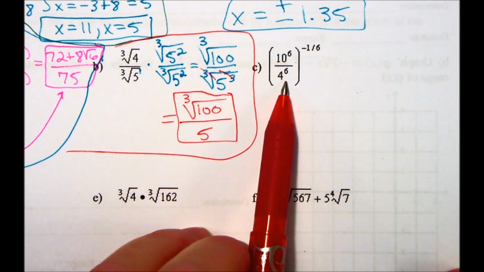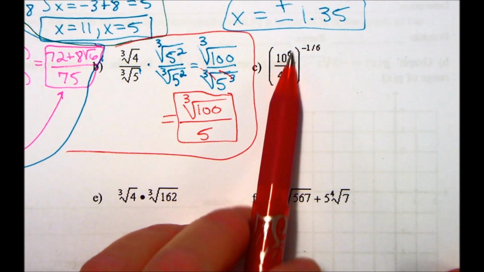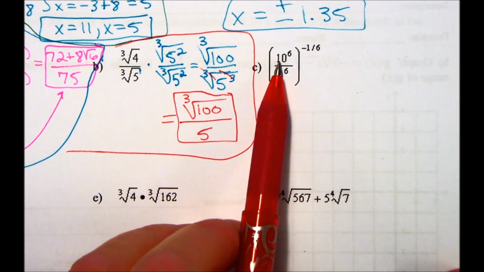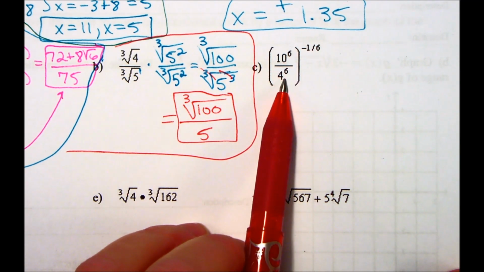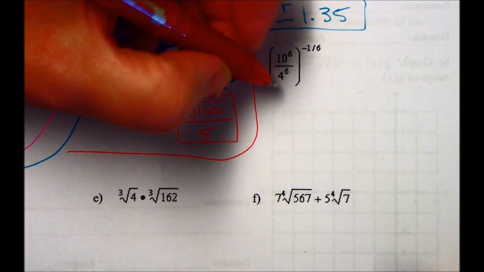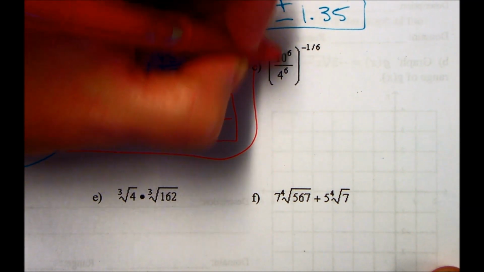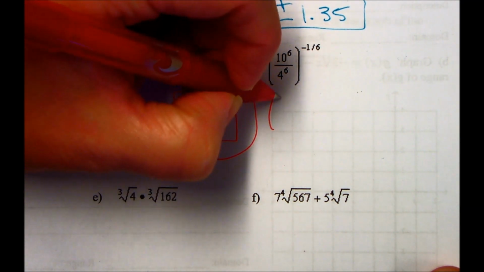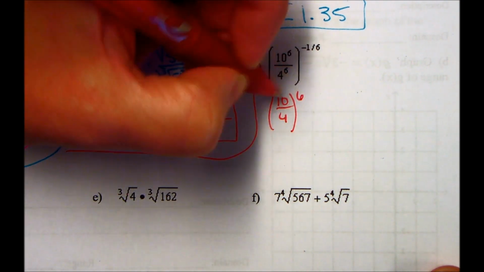So we could do that, or we could try to reduce this first because they're both being taken to the 6th power. I could reduce this to 5/2 to the 6th power. Yeah, I think I'm going to do that. Maybe I'll just show both. All right, so because they're both taken to the same power, I could rewrite this as 10/4 to the 6th power.